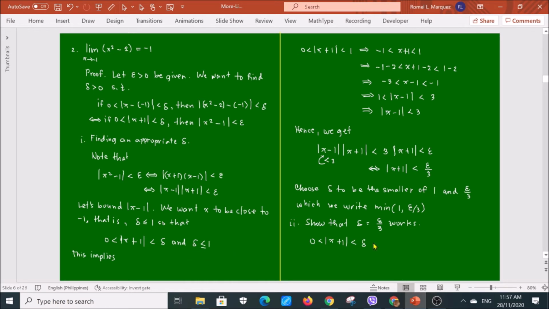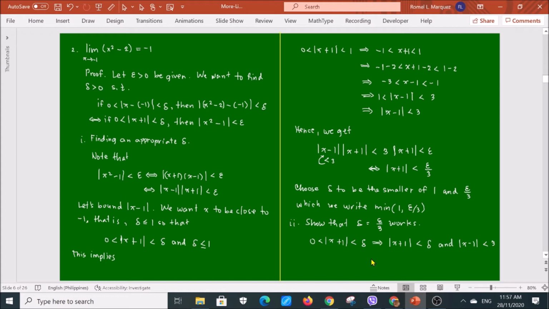So this is our premise, no? So let's see if we will come up with this. With this, if then, we have to express this as less than epsilon, and also we want the absolute value of x plus 1 to be less than 3. Okay?